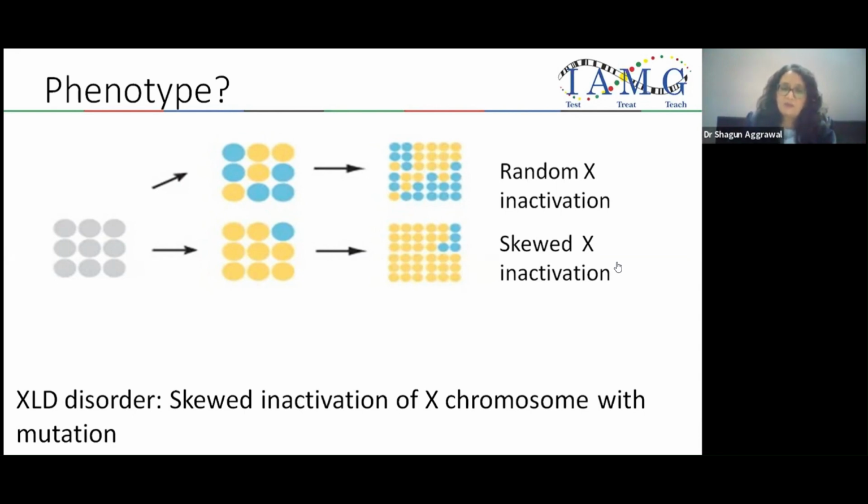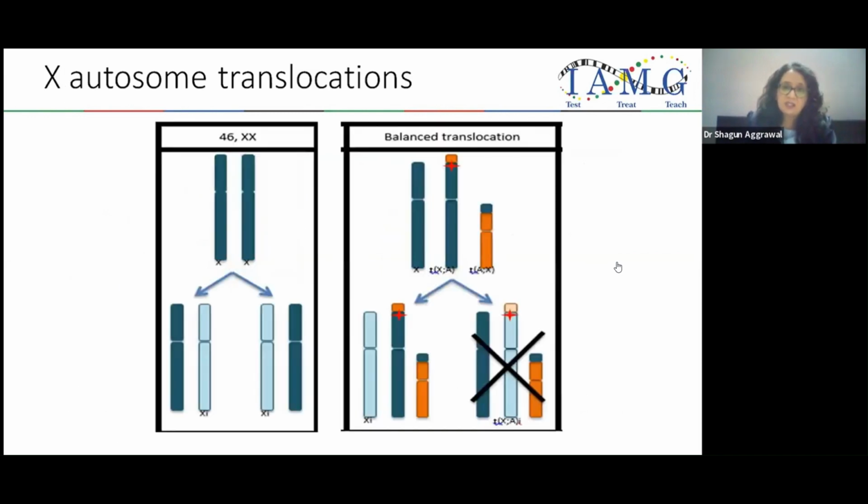So this degree of X inactivation is one of the major factors which determines the phenotype of the female. And this skewing of X inactivation can happen because of abnormality of the XIST region. The XIST region is the one which determines the inactivation of the X chromosome, so if there is an abnormality in that region, that can cause the skewing.